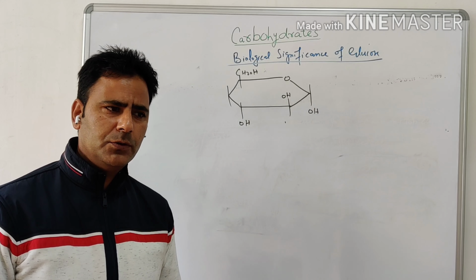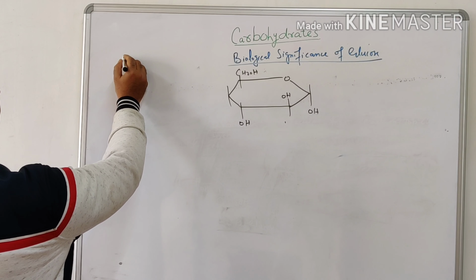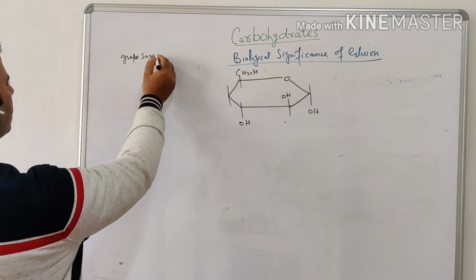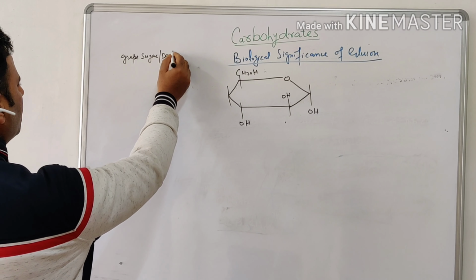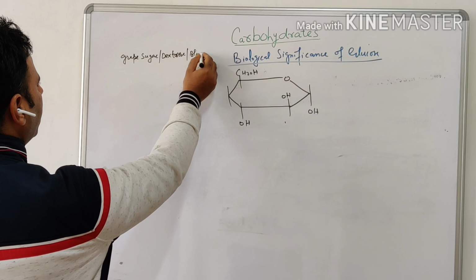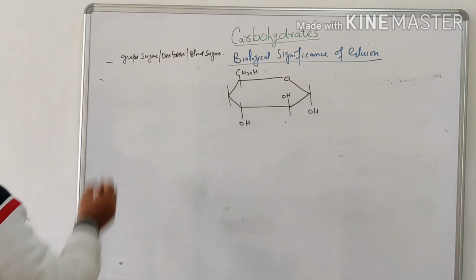Everybody knows about glucose. First thing is, glucose is also known as grape sugar, also known as dextrose, also known as blood sugar. So many names.